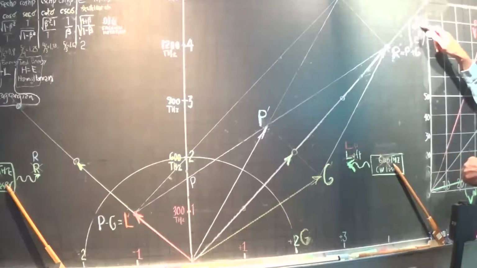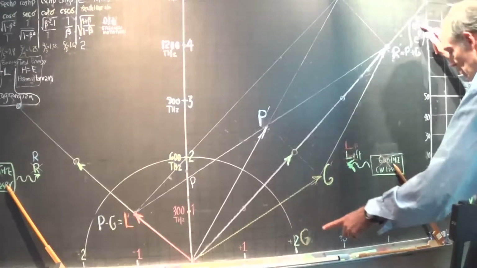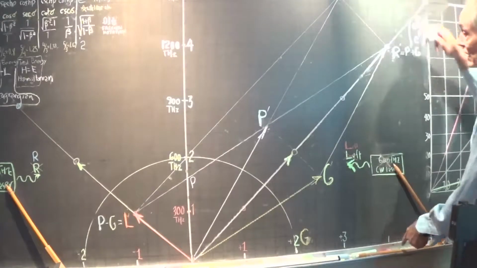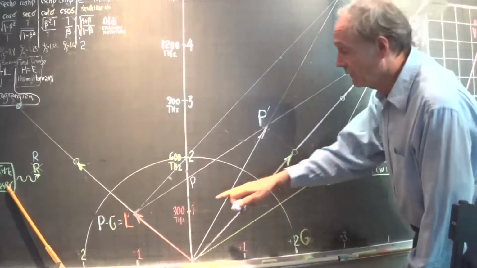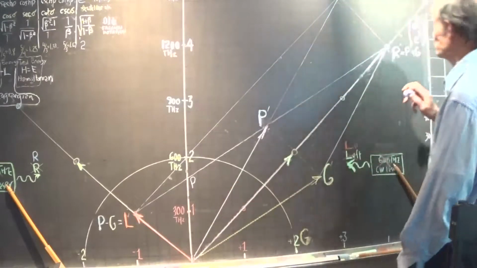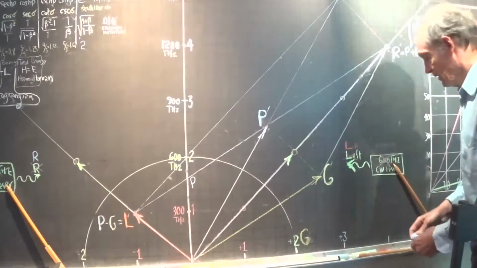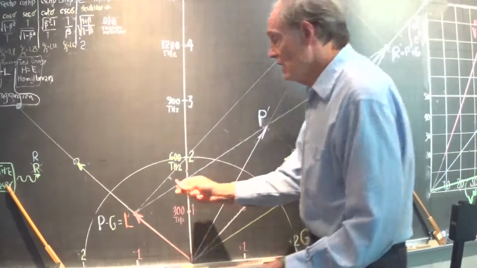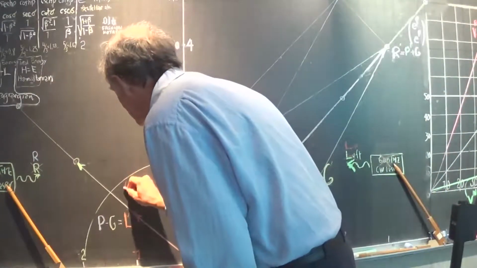For the spatial coordinate, that's this one right here, which has a value of 4 in these units, the units of 300 terahertz. And then at the other end, this vector down here is also a two-dimensional vector.